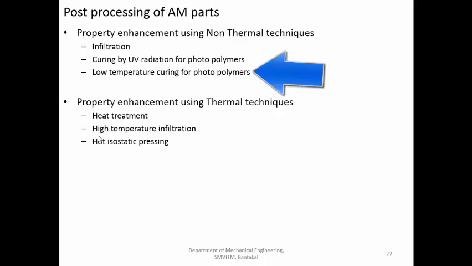At this temperature, even without any UV light, because of the heat energy, the polymerization will complete and the strength of the workpiece is going to increase. So these are the three main non-thermal techniques which are used to improve the strength of additive manufactured parts.